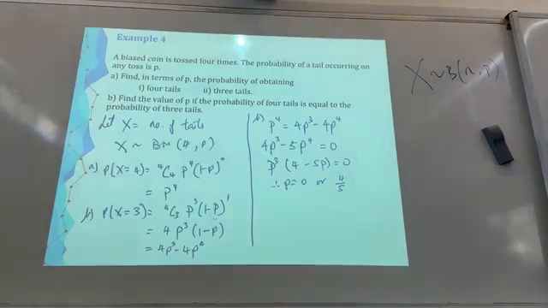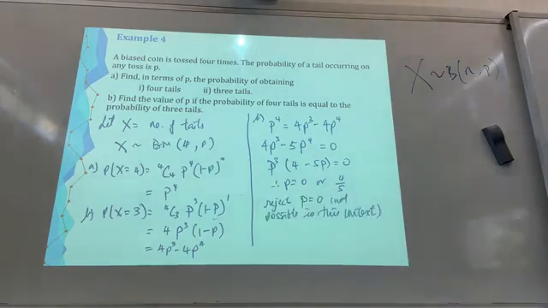When you're tossing the coin, you either get head or tail, right? If p is 0, there is no success or fail. So you cannot have 0. It's not possible. Reject p equals 0 because it's not possible in this context, tossing a coin.